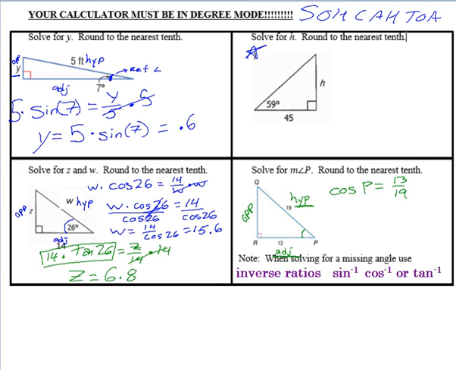Just like when we had problems where it was x squared and we wanted to undo x squared, like if we had x squared equals 9, to undo that we square rooted both sides. Well, now we want to solve for P, so to undo cosine, we're going to do inverse cosine to both sides. What this ends up looking like in your calculator is P equals this.